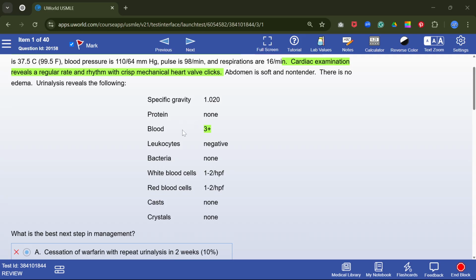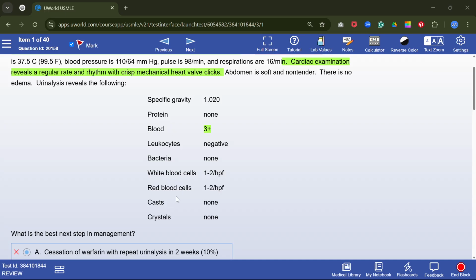Urine dipstick shows blood 3 plus. Specific gravity is 1. There is no RBC cast. What is the best next step?